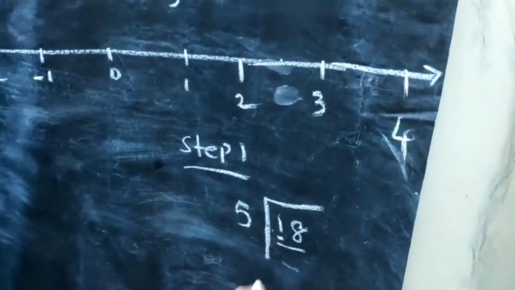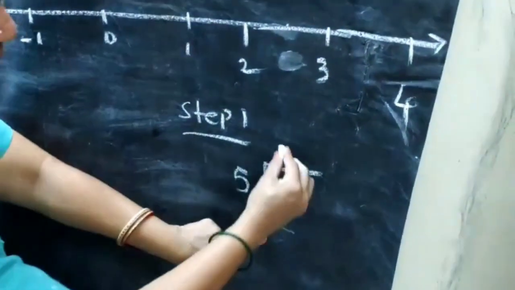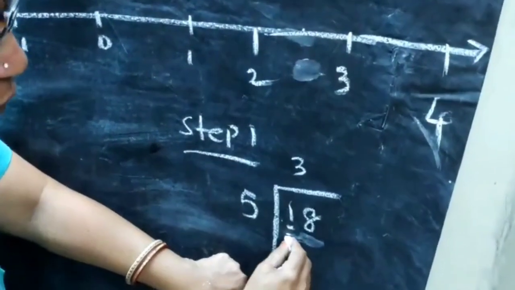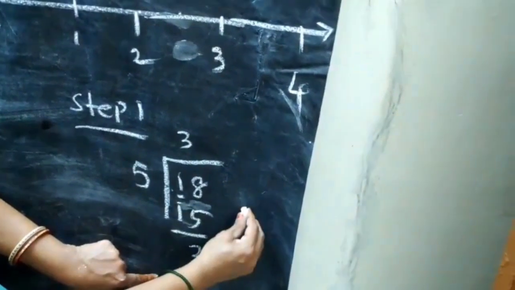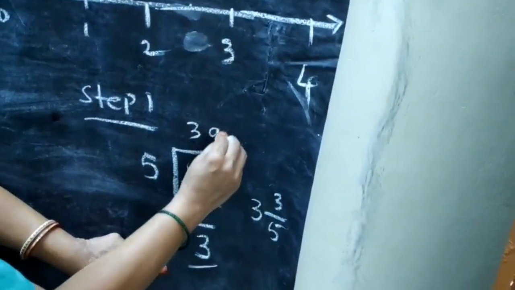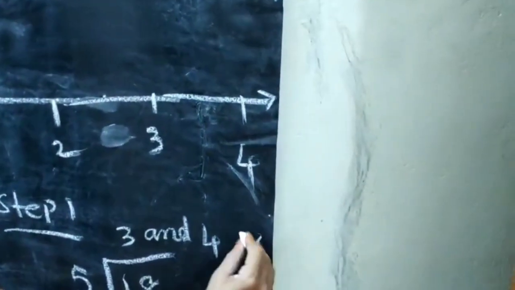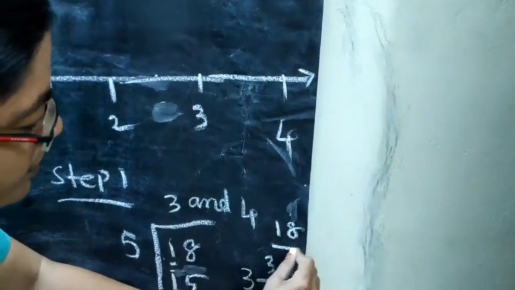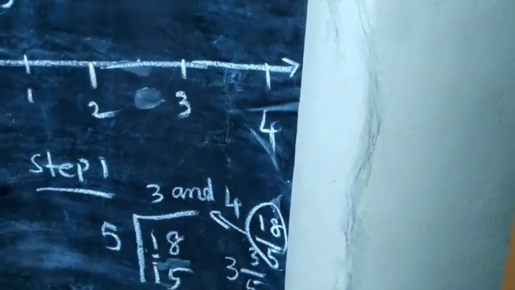18 divided by 5: how many times is it possible? 1 five is 5, 2 fives are 10, 3 fives are 15. So 3 fives are 15. 8 minus 5 is 3. The answer is 3 3 by 5. So write 3 and 4 after it. Which number? 18 by 5 lies between 3 and 4.